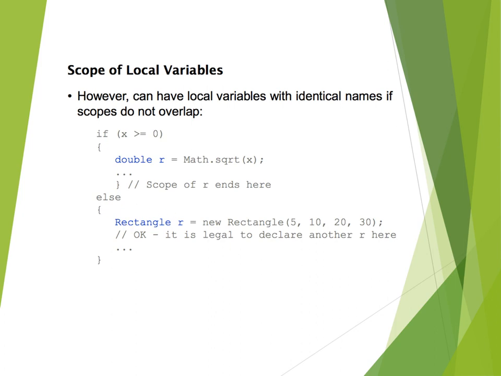So the scope of double r is from here all the way to the closing brace of the if. The scope of this r starts from here and ends at the closing brace of the else. So the scopes of the local variables do not overlap. That's why they can have the same name.